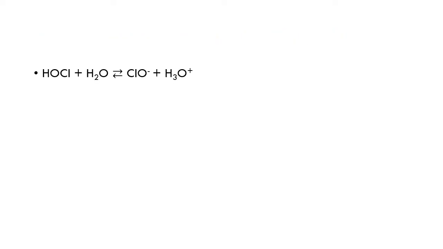This is showing the dissociation of HOCl in water. It produces hypochlorite ions plus hydronium ions. The Ka expression can then be written as the products over the reactant, similar to what we've seen before.